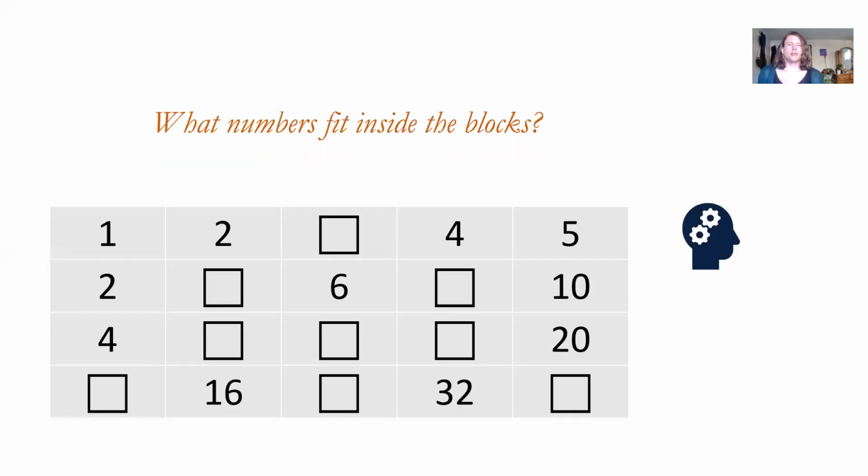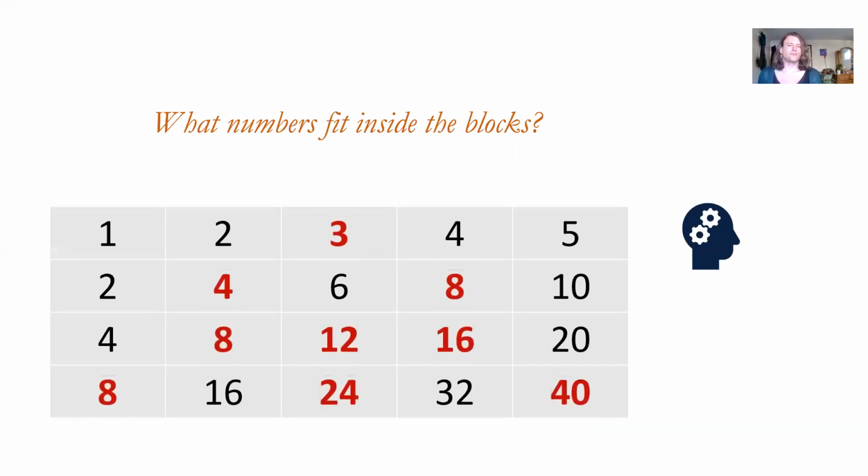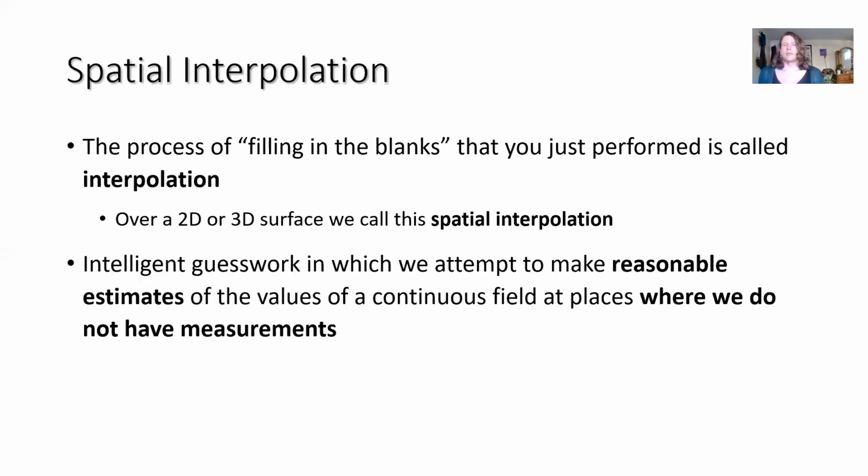If you take that to 2 dimensions, things get a little bit more complicated. But again, you can fill in the blanks using the patterns observed in the data set. So this is known as spatial interpolation. And the process of filling in blanks in general is known as interpolation.